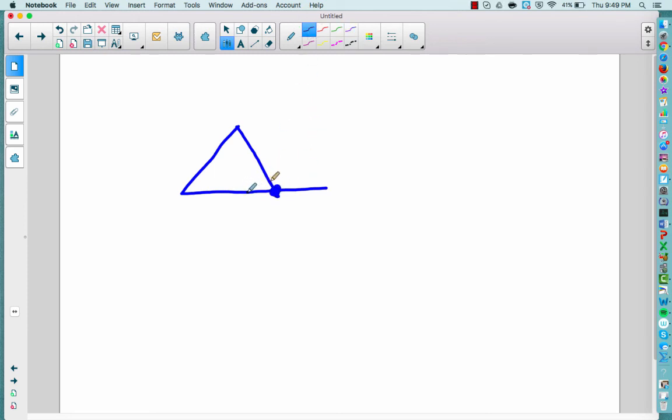An interior angle and the corresponding exterior angle from that same vertex are always going to form a linear pair. Okay?